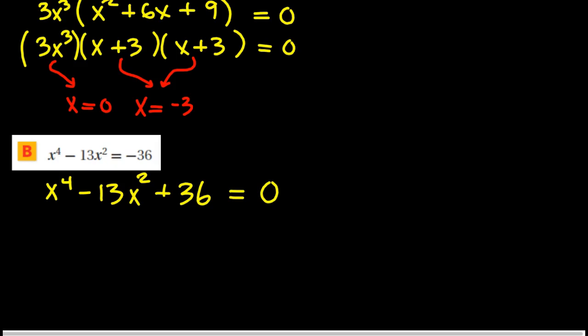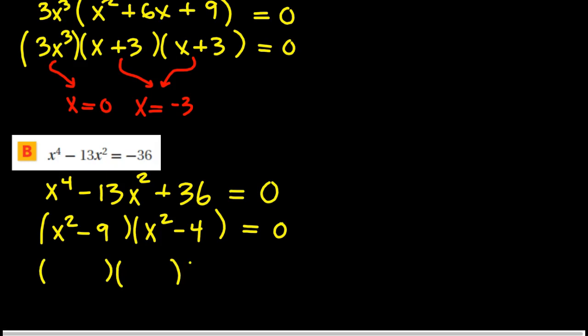So this actually unfoils. So you can factor this as x squared and x squared, and two factors of 36 that add up to negative 13 are minus 9 and minus 4. Look at what happens there. That's a double difference of squares. So this is going to get a little fun.